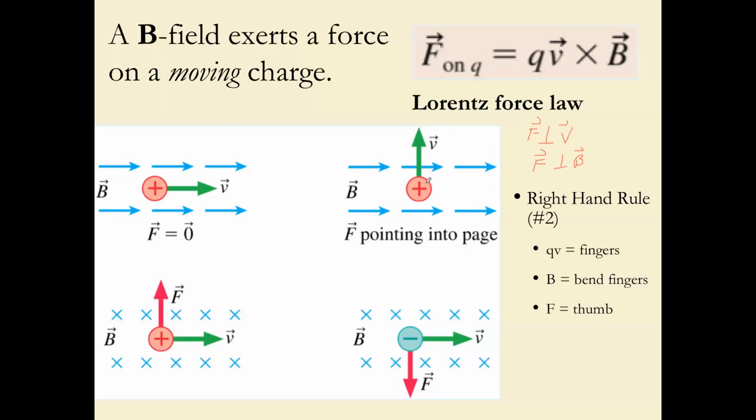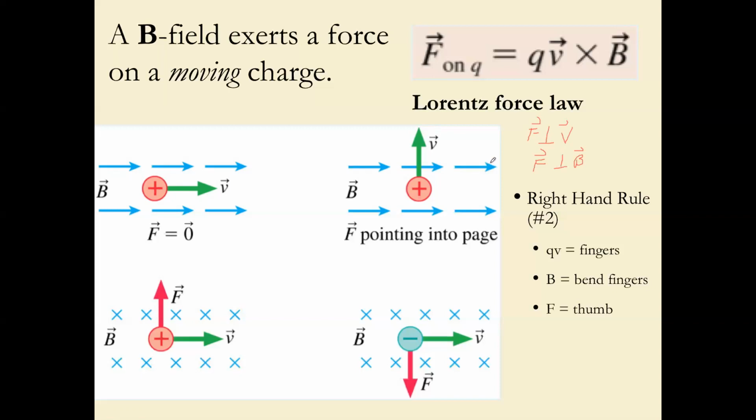For this one, what you do is put your fingers in the direction of V, and then bend your fingers towards the direction of the magnetic field, which means put your four fingers in the direction of V, and then curve your fingers to the right, in the direction of the magnetic field.